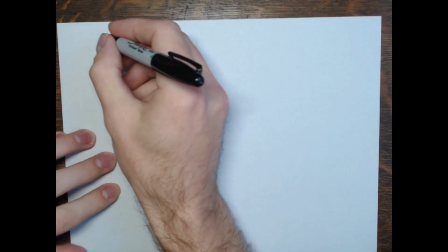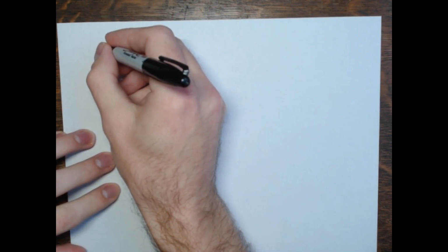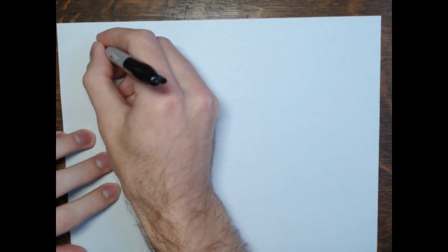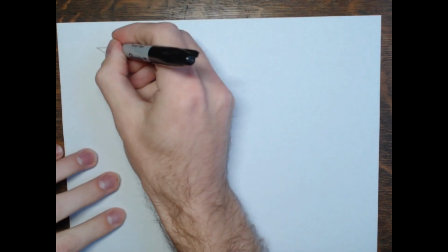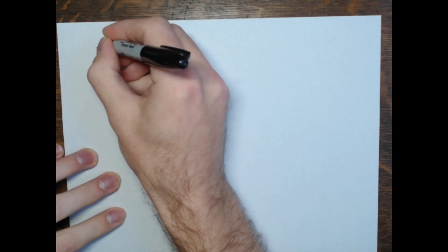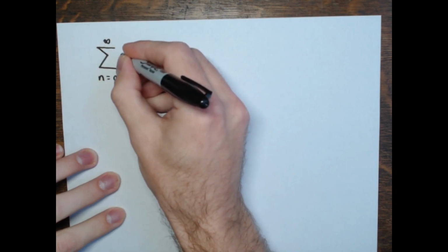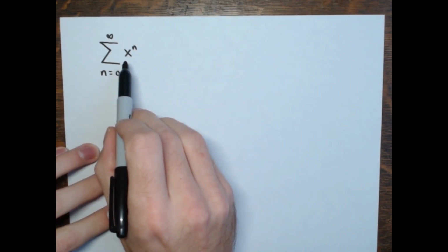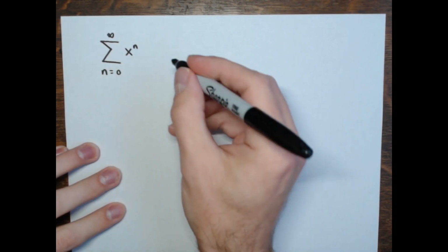So before we get to this problem, actually, let's talk about our geometric series again, but this time I'll write it as a power series. All right, so we got the sum from n equals 0 to infinity of just basic x to the nth power, right? We had r to the nth earlier, or a picture of a box to the nth earlier.